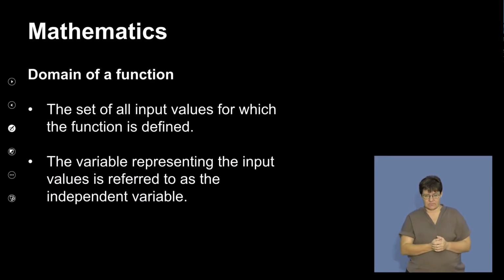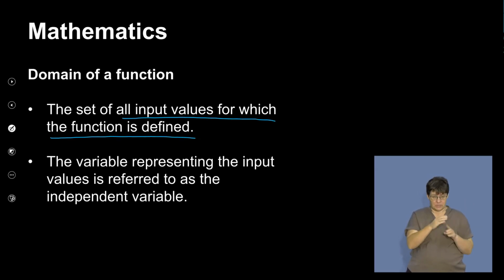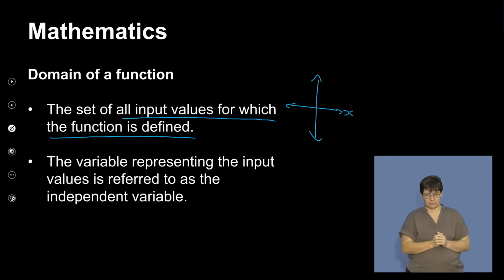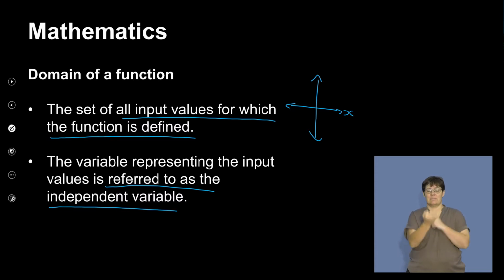Now, a domain of a function will be the set of all the input values for which the function is defined. So in terms of a Cartesian plane, we'll be talking about the x-axis, which I'm going to show you later on. And then the variable representing the input values, we normally refer to it as the independent variable. Remember, independent, it means it is the one that is continuously changing.